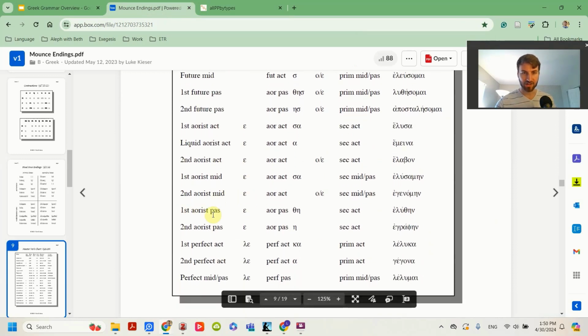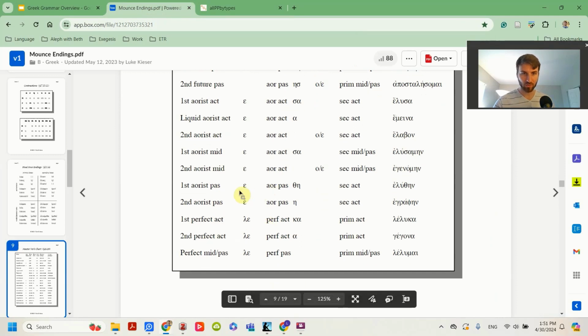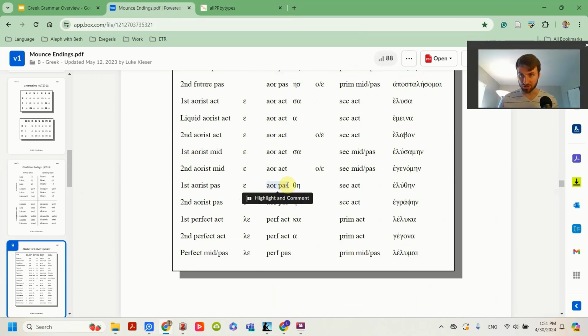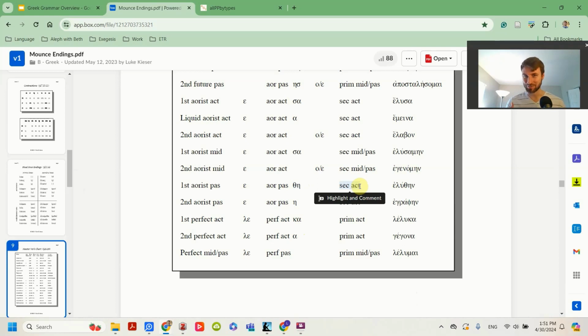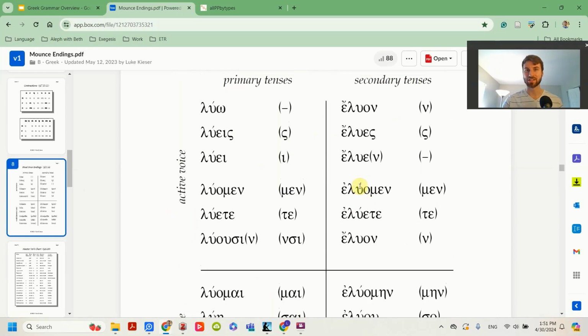Let's start with the first aorist passive. We get the added augment. We get the aorist passive stem, so the sixth principal part column. Then, rather than sa or ka, as we've learned, now the aorist passive takes a theta eta tense formative, and then we put on our secondary active endings, which is annoying because it's a passive verb, but here it takes the active endings.